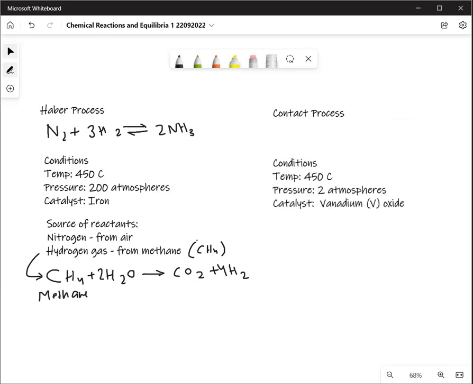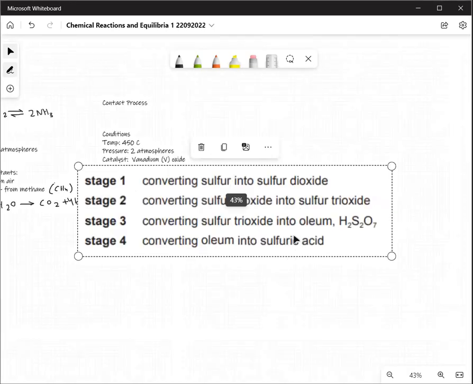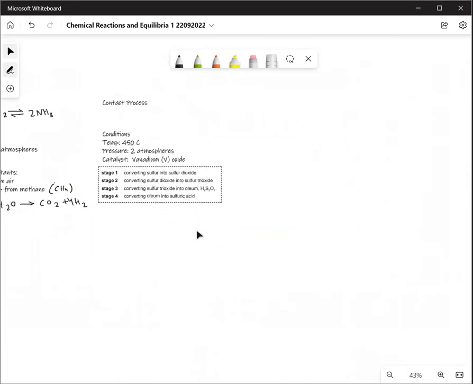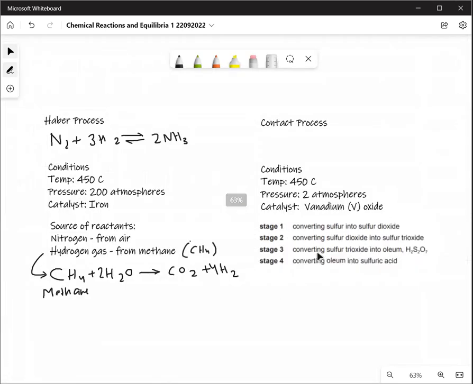The conditions. And just this. Atmospheric pressure will be 2. 2, yes.